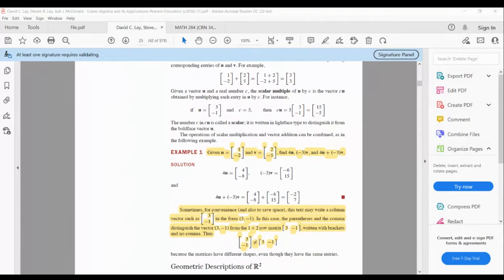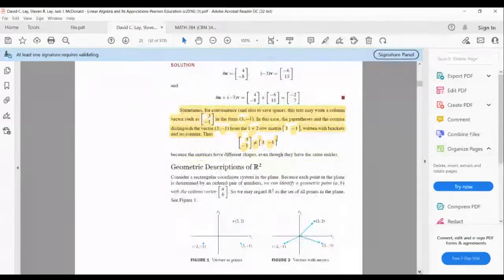In other words, the column vector that has 3 and -1 is not equal to the row vector with 3, -1. But the column vector with 3, -1 would equal the vector with coordinates 3 and -1. That's all they're trying to say, and it's just notation.